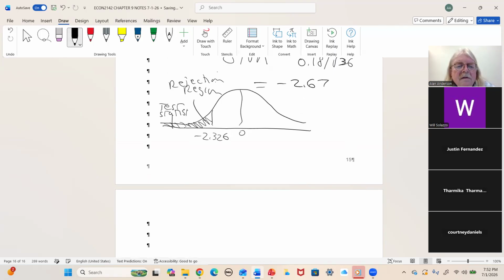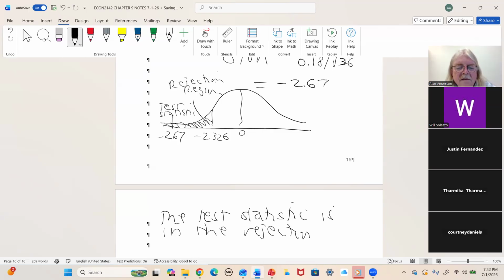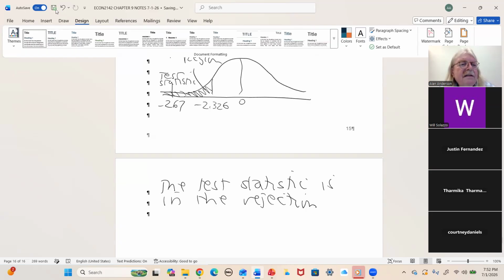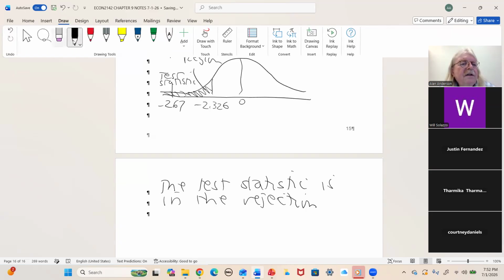And that means the test statistic is in the rejection region. And that can only mean one thing, which is reject the null.